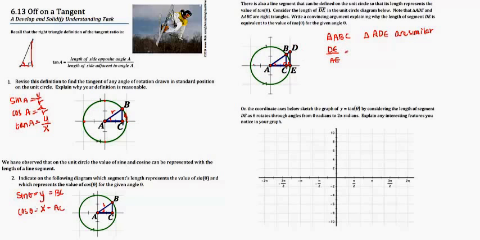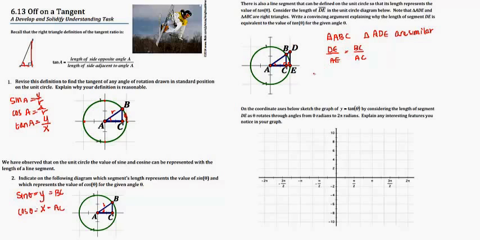And then I've got to take the corresponding sides of the smaller triangle and make the same proportion. So DE corresponds with BC, AE corresponds with AC. Now how does that proportion help me? Well, I'm going to replace a few values that we know. First of all, AE is the radius of the circle, so I know it's equal to 1.